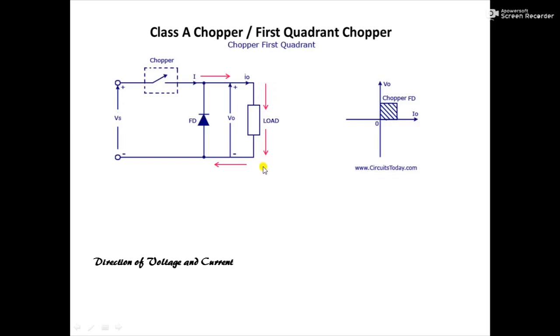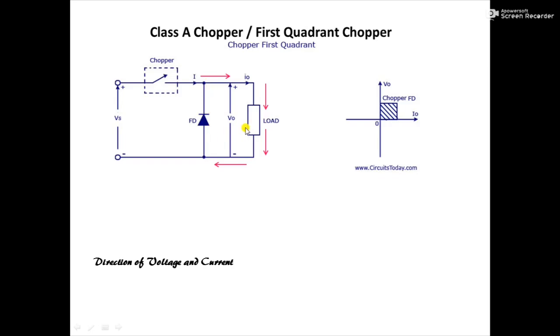Now this current direction is taken as positive current direction because the current is flowing from source to the load. You can note here that the output voltage when the chopper is on is Vs, and when the chopper is off, the freewheeling diode is on, so the output voltage becomes 0.